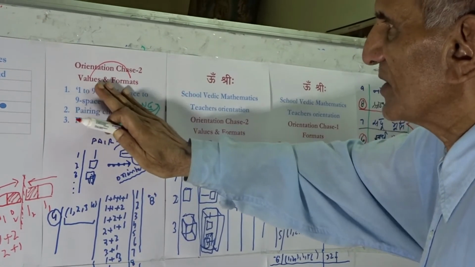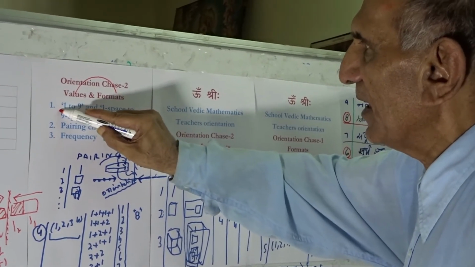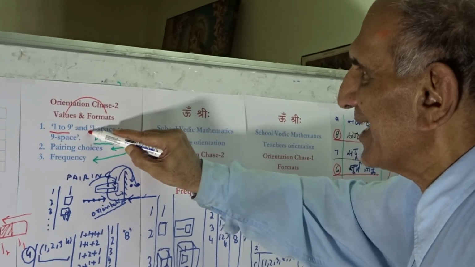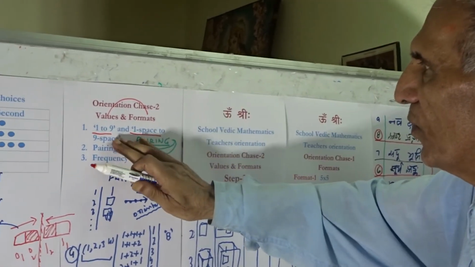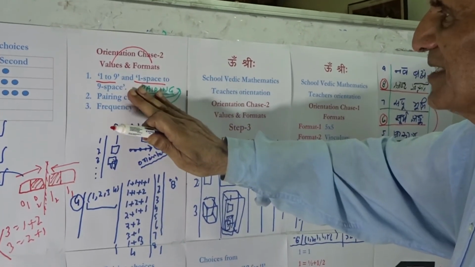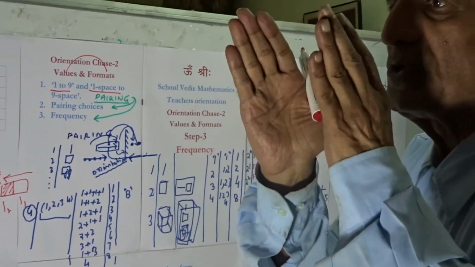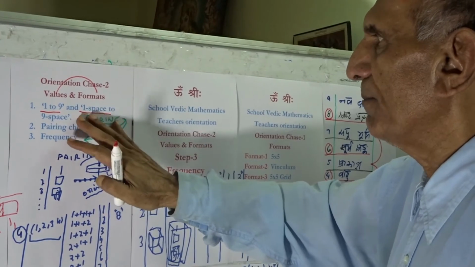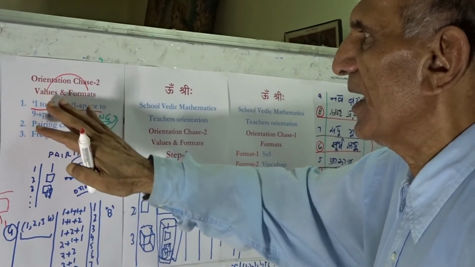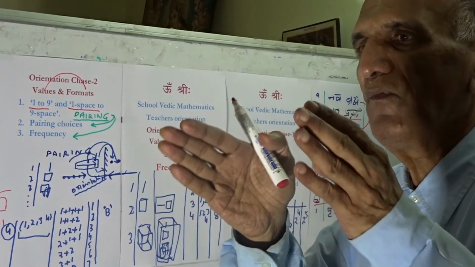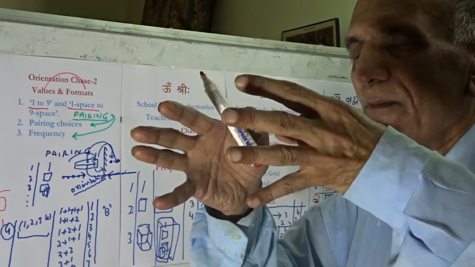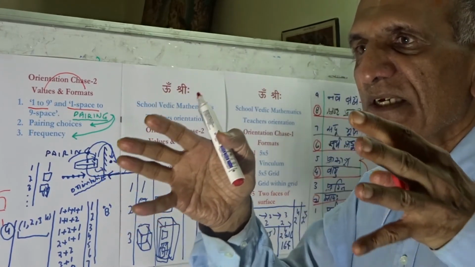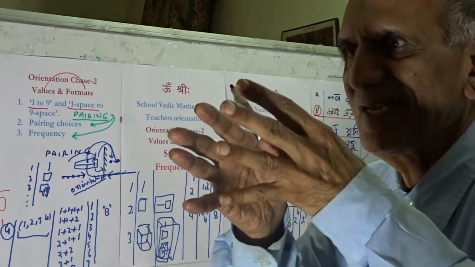For values and formats, we have a pair of distinct entities. So 1 to 9 and 1 space to 9 space are absolutely distinct entities. They are being paired here only for the sum of the features which can be simultaneously carried.